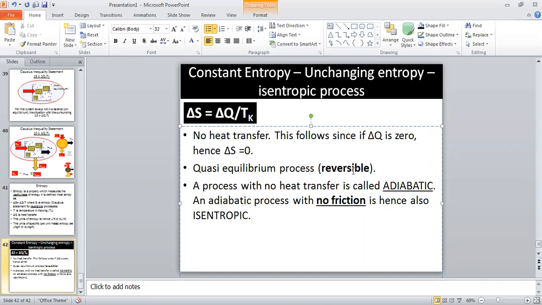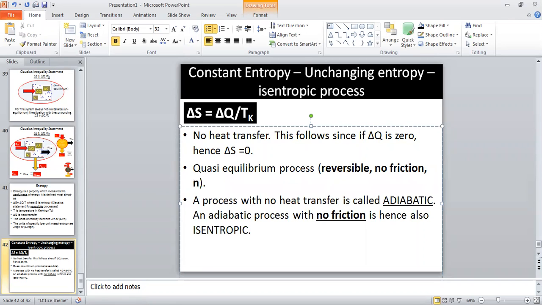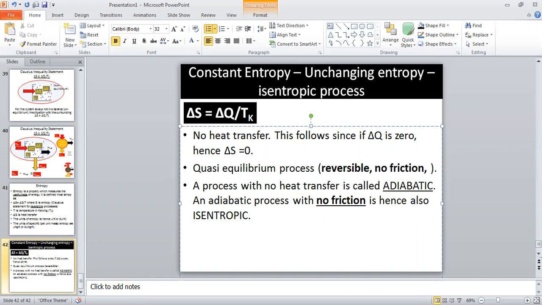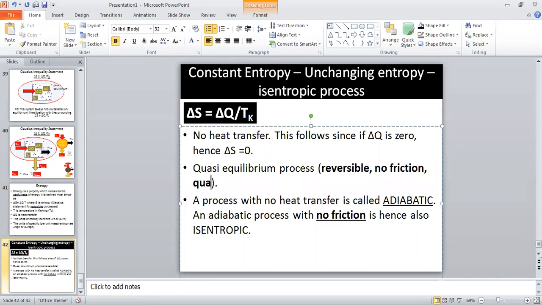No friction is related to one aspect of reversibility, and very small temperature gradients is the other, always quasi, almost zero temperature gradient, meaning no temperature difference in heat transfer.